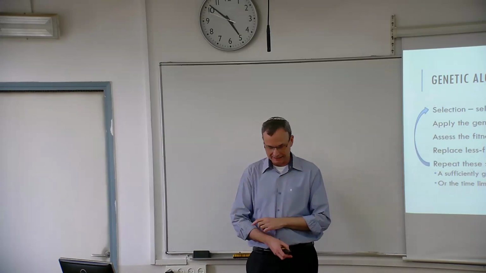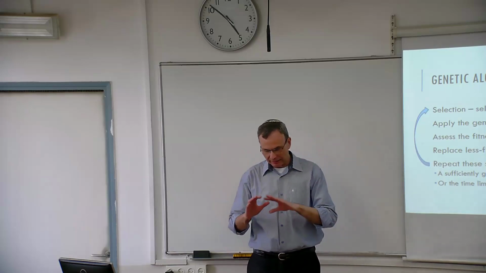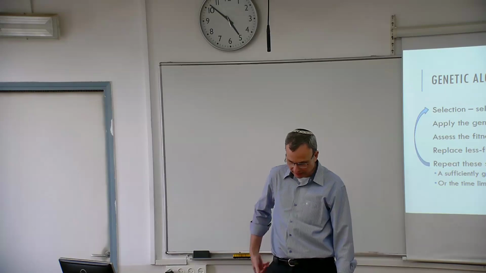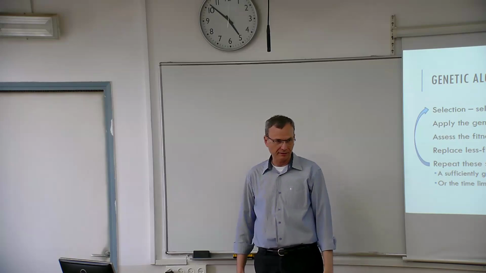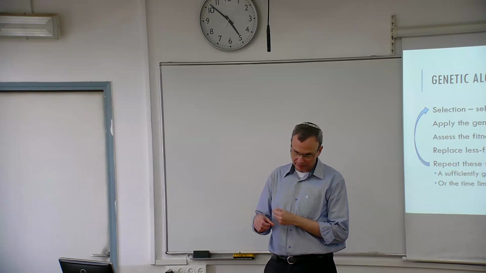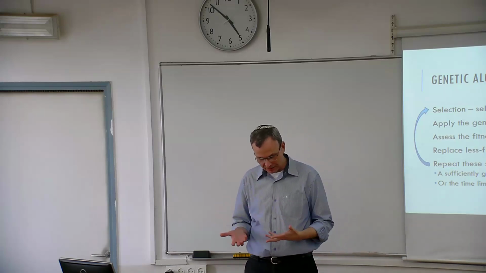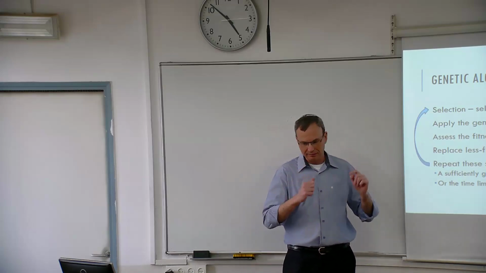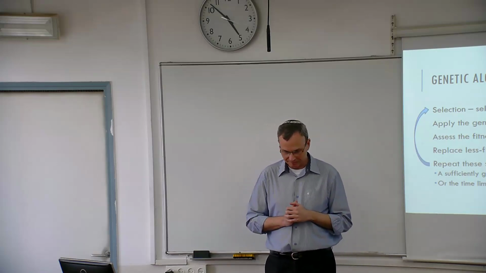So the algorithm works like this. I have, as I said, a founding generation. Then I'm going to select the fittest candidates from the population. I'm going to compute for each one, in our case, durability and price, and choose the best ones. Those, I'll let them breed, meaning I'm going to apply the genetic operations on them.